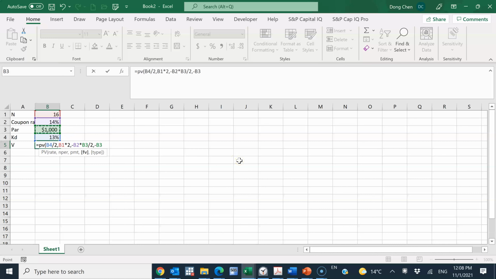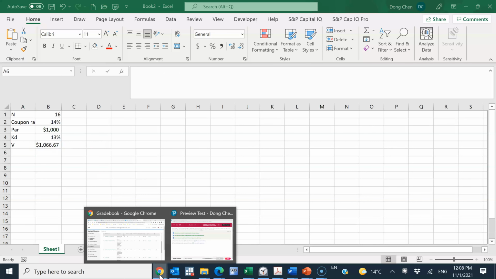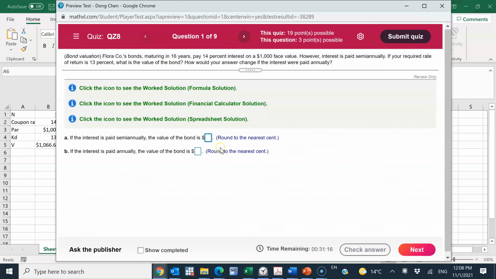So, and then we can close this. We don't have to worry about the last argument here, which is the type that represents whether the cash flows are paid at the end of the year or at the beginning of the year. By default, it's end of the year, so we don't have to worry about that argument. So we can just close it and go back to the rounding requirement. It asks us to round to the nearest cent.